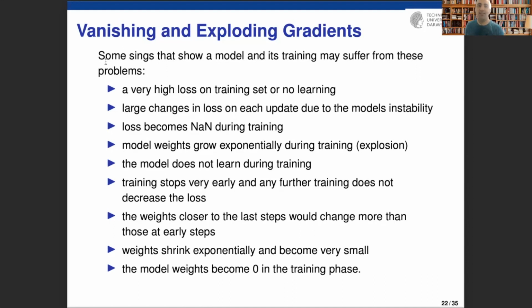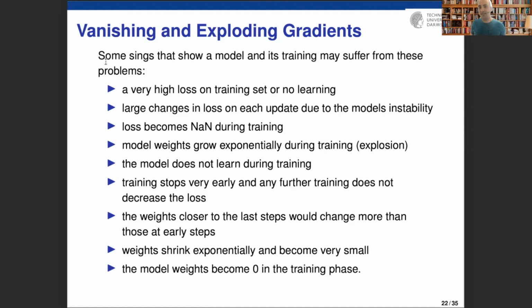As we discussed, loss can become NaN during training. So if you see NaN in the loss value, or you see NaN in the weights values, it's very likely that you have exploding gradients. Model weights can grow exponentially during training, then you have explosion.